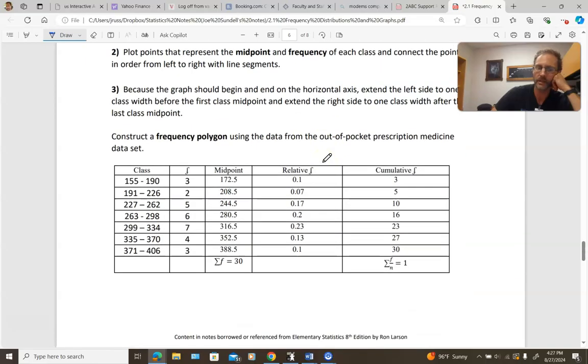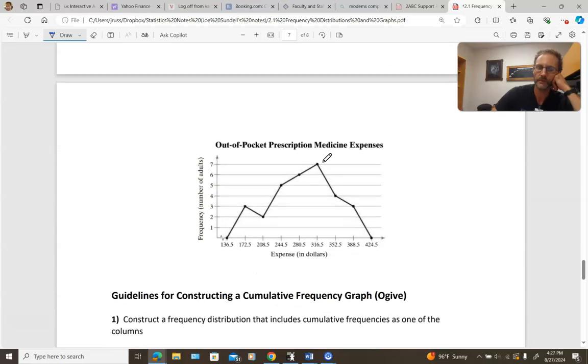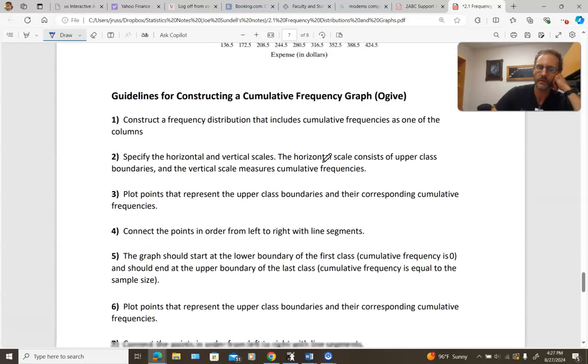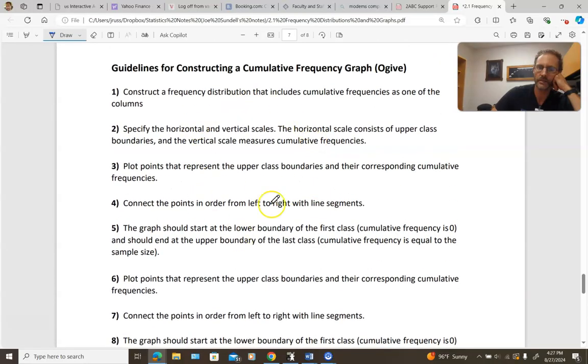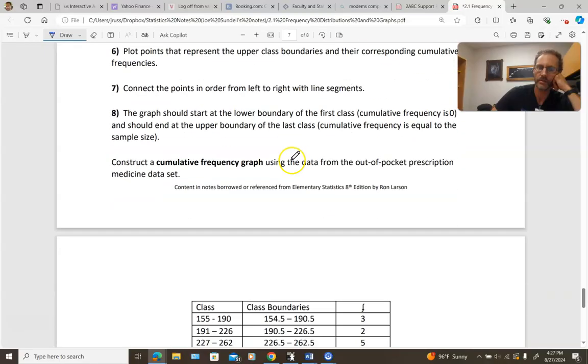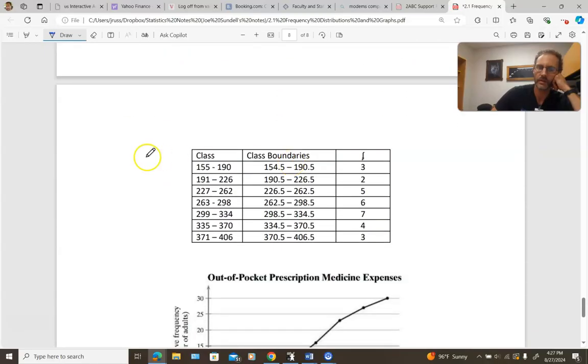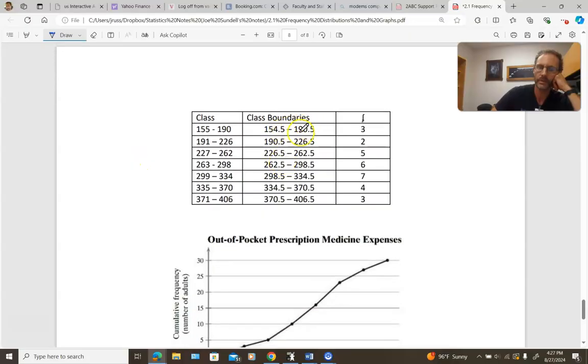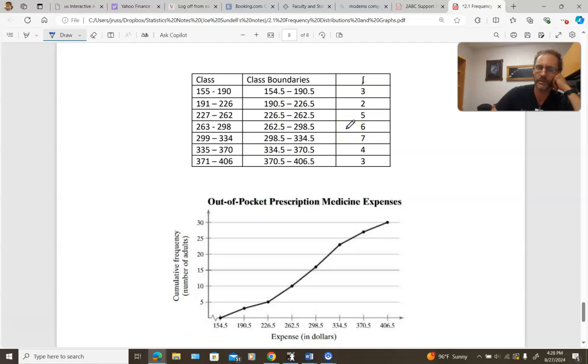So let's look at an example of this. Once you know what those class boundaries are and the corresponding frequencies, that's really all you need.